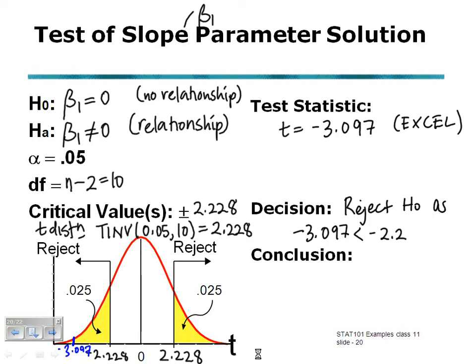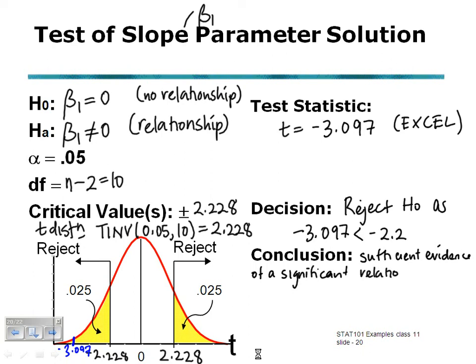And the conclusion, in context of the problem: we have sufficient evidence of a significant relationship between the age babies start crawling and the temperature. There's a negative relationship between the two.